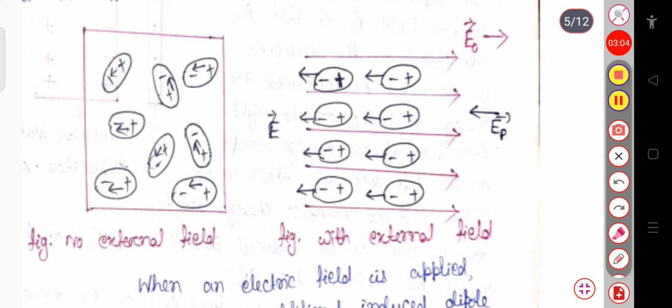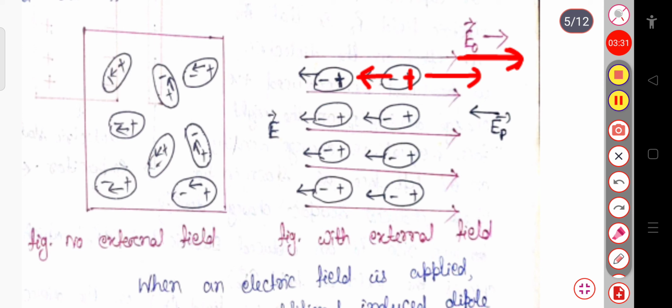But on the application of an electric field, there will be a torque. Because of that torque, they will try to rotate, and the alignment will be parallel to the electric field. If the electric field is in this direction, then the negative charges will move in the opposite direction to the applied field, and the positive charges will try to move in the direction of the field.